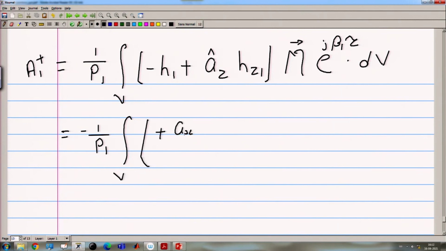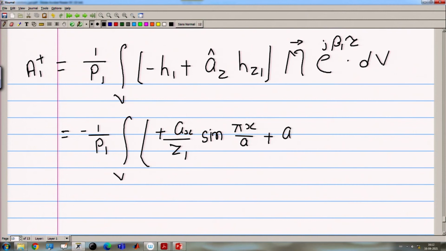Plus of x upon Z1 sin of pi x upon A, plus we have Hz1.